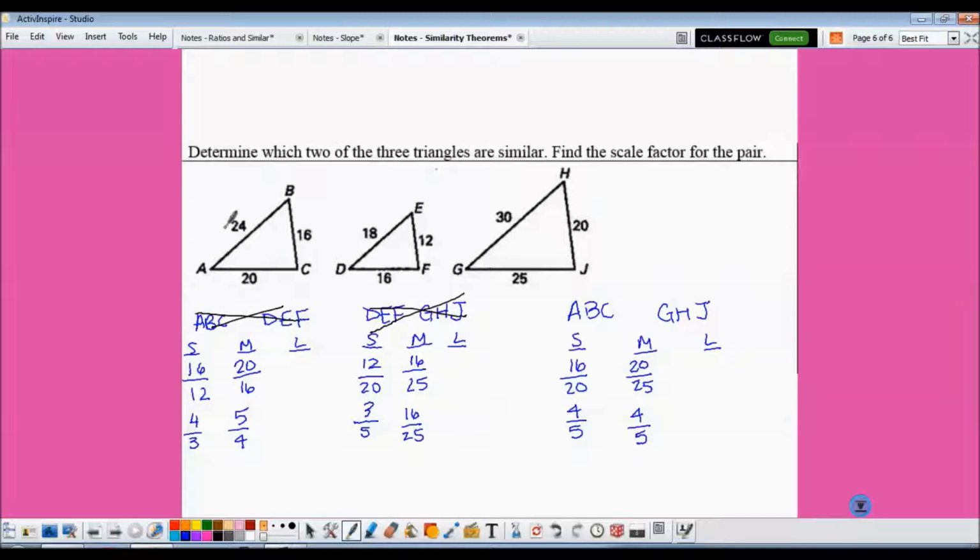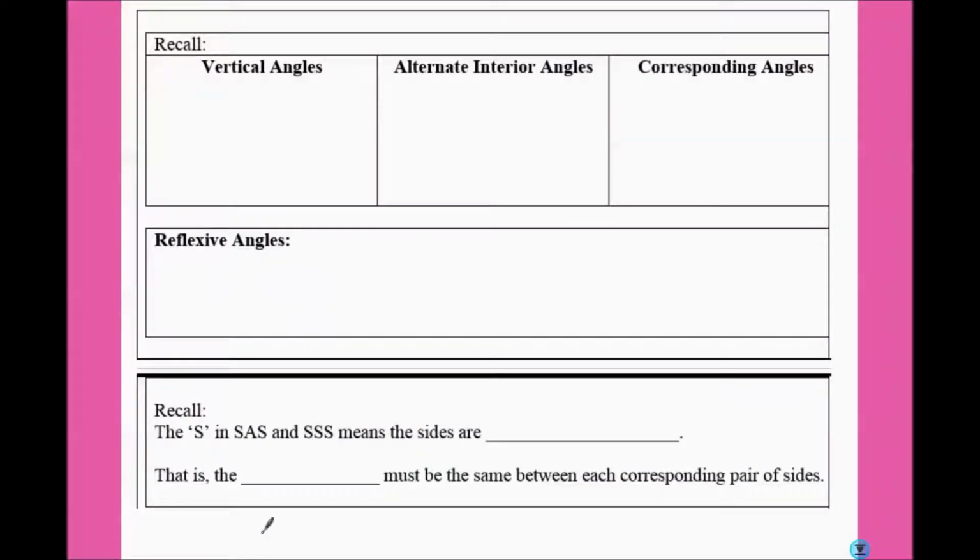And our largest sides would be 24 over 30, which also simplifies to 4 over 5. So we know that triangle ABC is similar to triangle GHJ with a scale factor of 4/5.